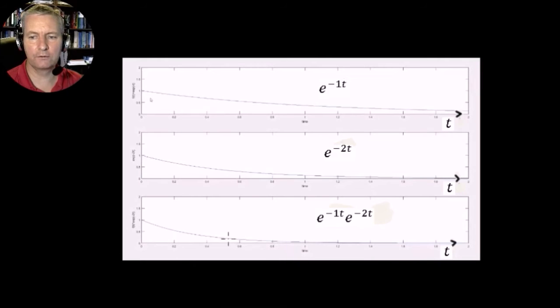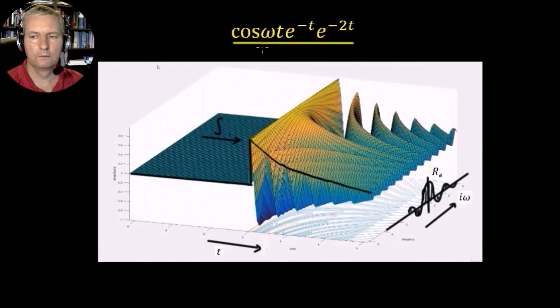So let's go and see what happens when we take this surface here. We take this function and let it modulate the cos omega t and the sin omega t surfaces. So this is the function here, e to the minus t, which has been modulated by e to the minus 2t. And this here is going to modulate the cos omega t surface. So we can see that here we've got the cos omega t surface and it's been modulated by this little function here, which is in effect the e to the minus a minus t value.